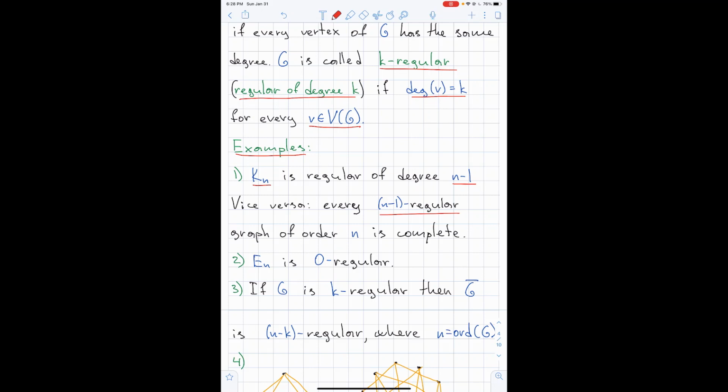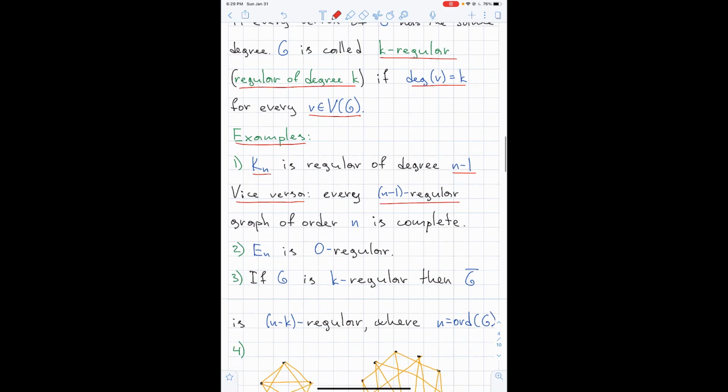Note that vice versa, if you have an n-1 regular graph of order n, it will have to be complete, because if a vertex has degree n-1, then it is connected to all other vertices, and if this is true for every vertex, that means that we have a complete graph.